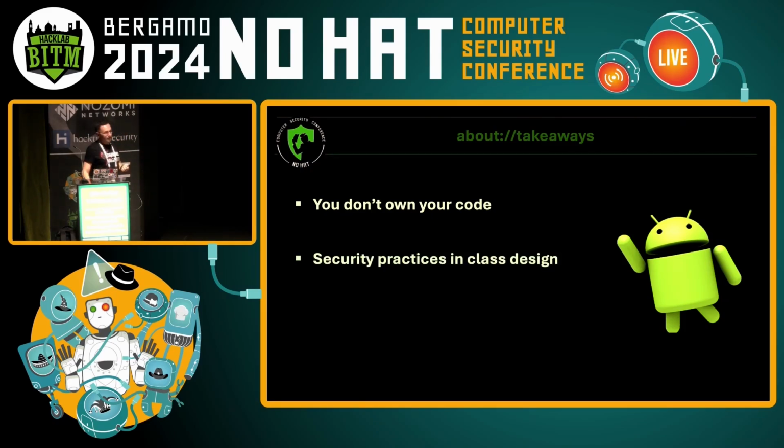So follow security practices in every type of class that you are creating, and at all the points where you send a request, when you are obtaining an intent, and these kinds of things.